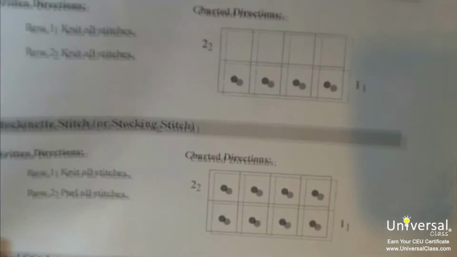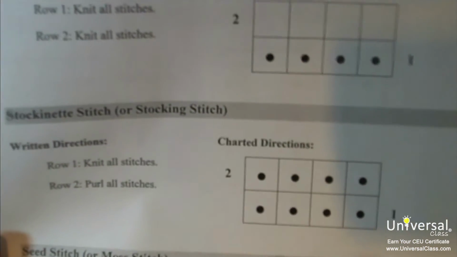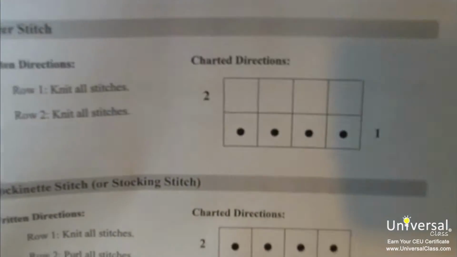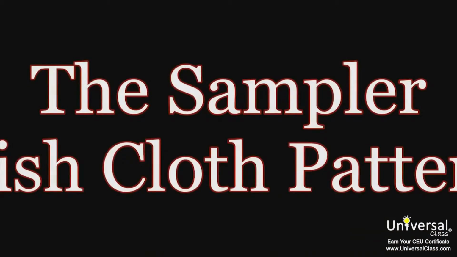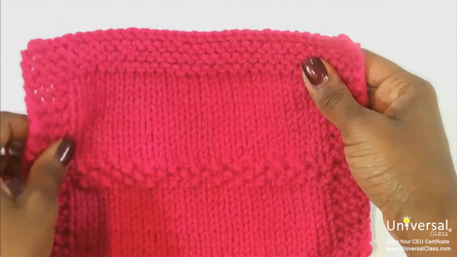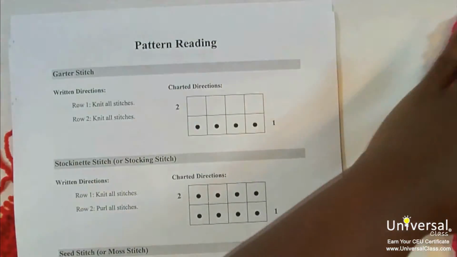I strongly suggest you go through each of these charts and take a look at them, and many of these techniques will be used in your sampler dishcloth. And let's just real quickly take a look at that pattern.